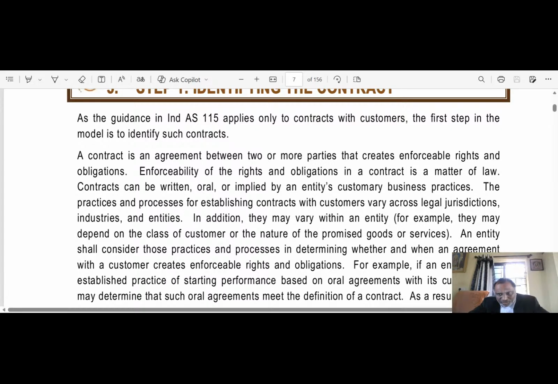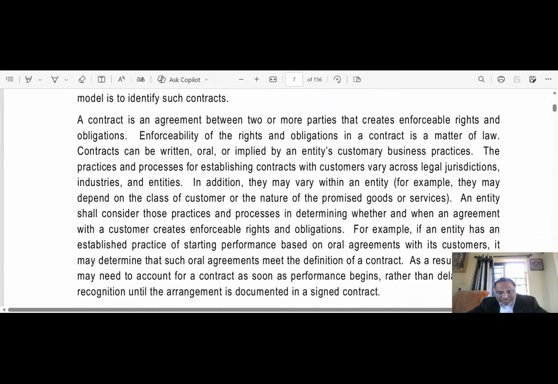For example, if an entity has an established practice of starting performance based on an oral agreement with its customers, it may determine that such an oral agreement meets the definition of a contract.